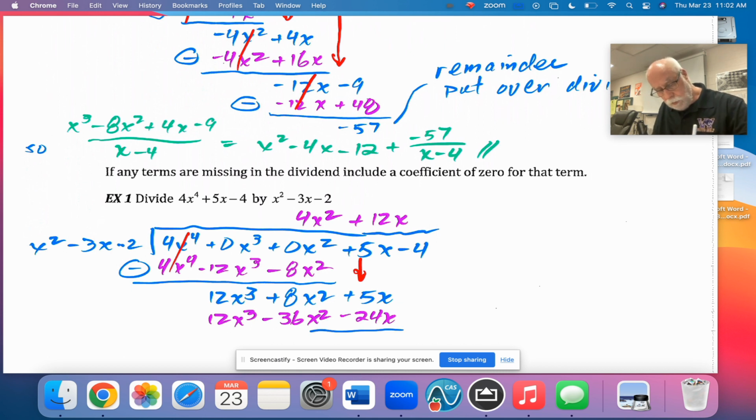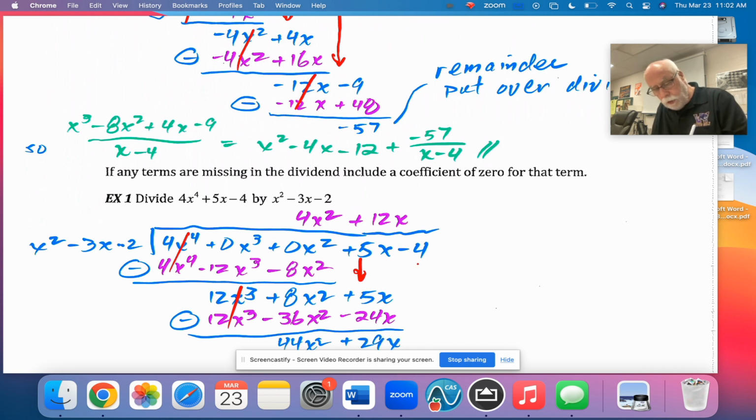Again, we're going to subtract those. The first terms go away. And we have 8 minus a negative, so 8 plus 36, which would give us 44x squared, and 5 plus 24 would give us plus 29x.